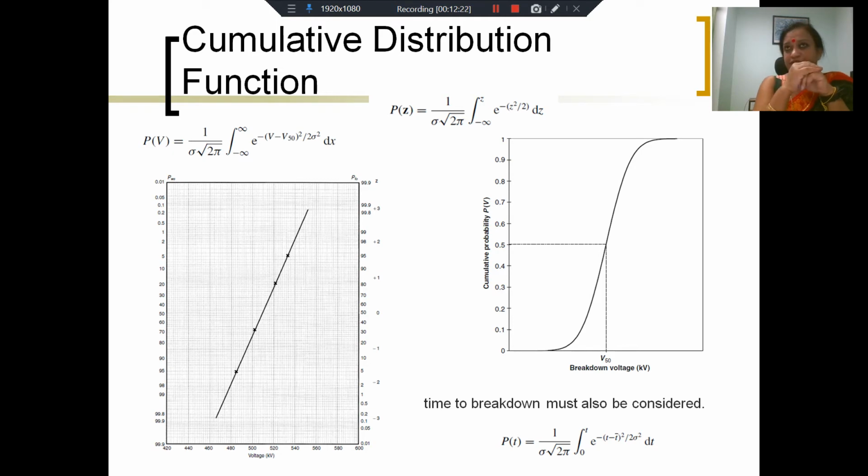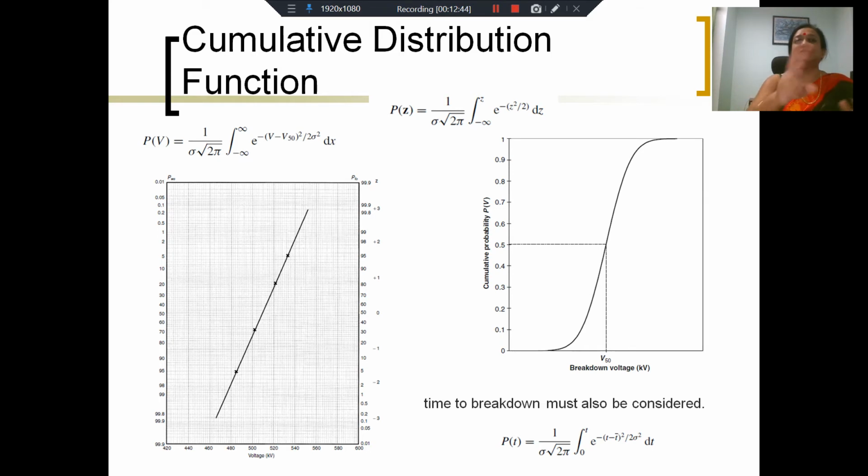Maybe it's 50%. So let's say it has a certain probability, 20%. But let's say the probability of breakdown at 40 kV per centimeter is another 20%. So what is the probability that as I increase the voltage from 0 to 30, breakdown will happen?